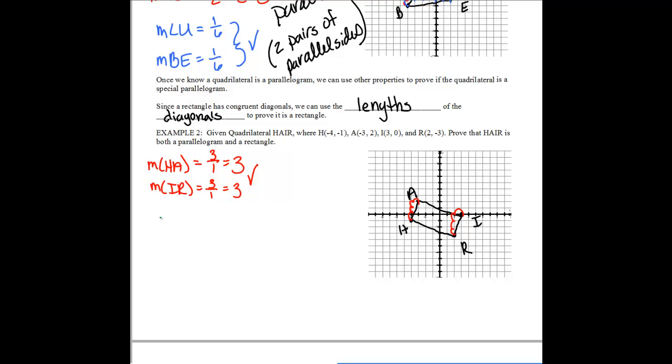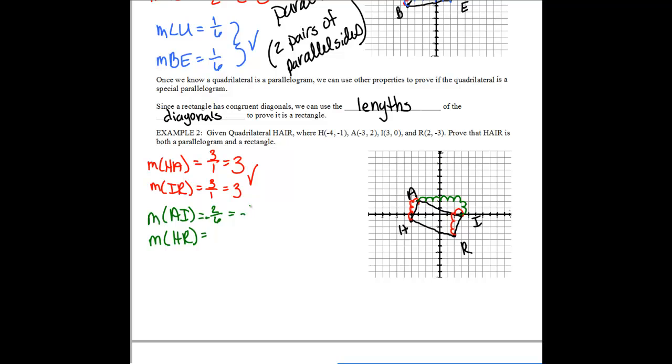And then we have to check the slopes of AI and the slope of HR. AI goes up 2 and left 6. So 2 over 6, and it goes left, so it's a negative slope.